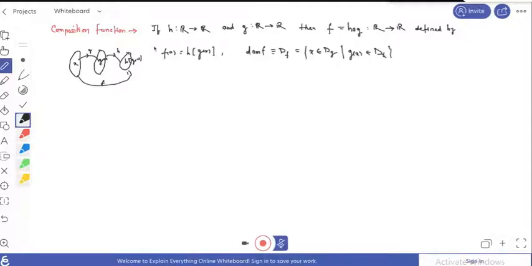Okay, and if we try to find the derivative or second derivative of that function, here f(x) is equal to h of g(x).